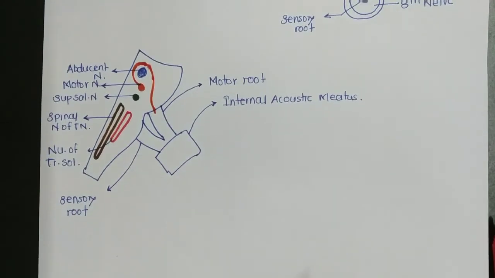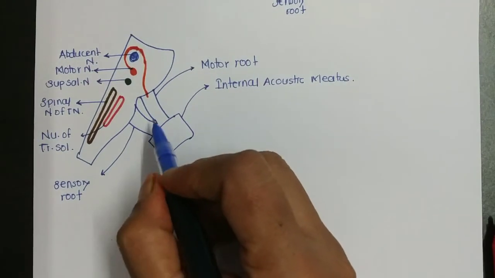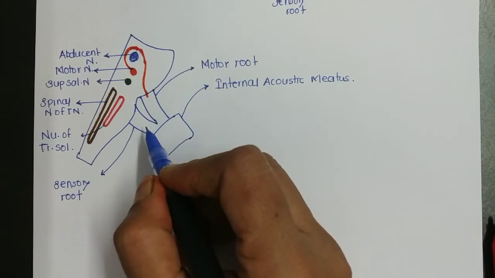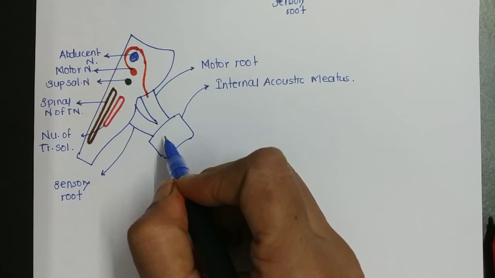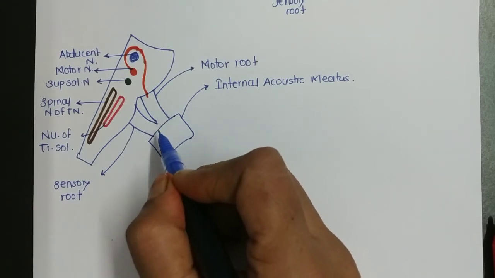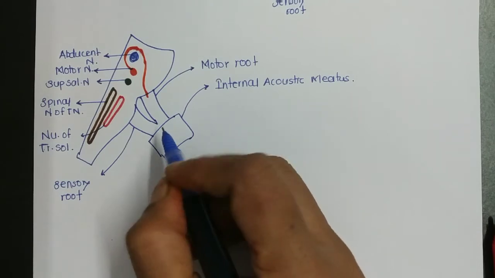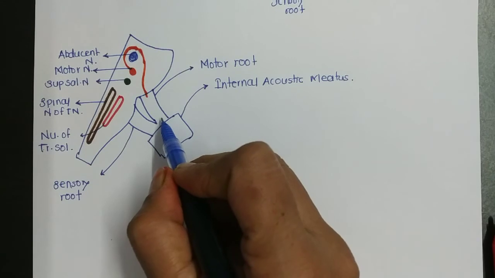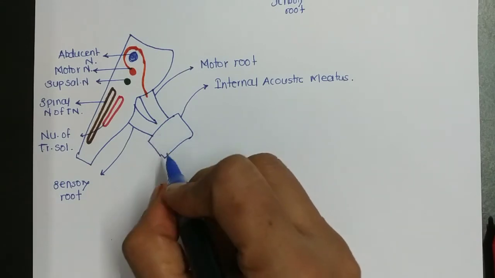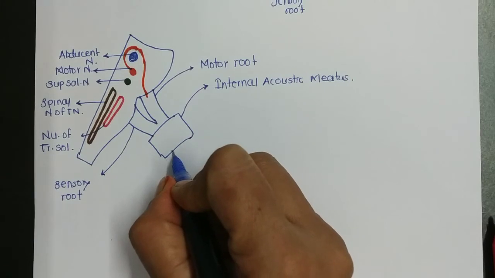So coming back to the course of the facial nerve, the motor and sensory roots from the brainstem, along with the 8th cranial nerve, reach the internal acoustic meatus. We have seen the arrangement of all these in the meatus. Then at the bottom of the meatus, the two roots, that is the sensory and the motor root of the facial nerve, fuse to form a single trunk.